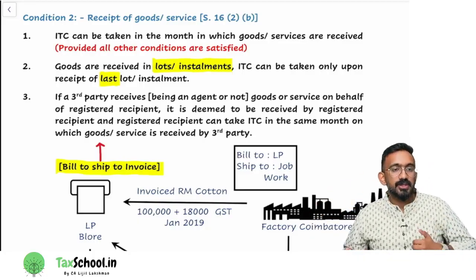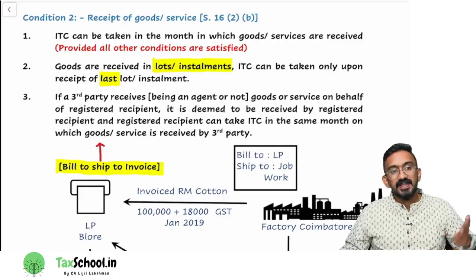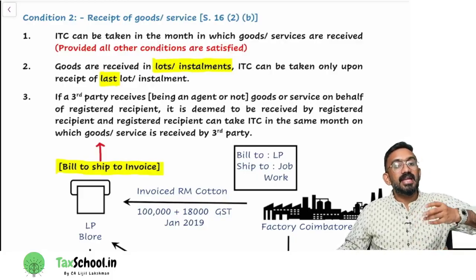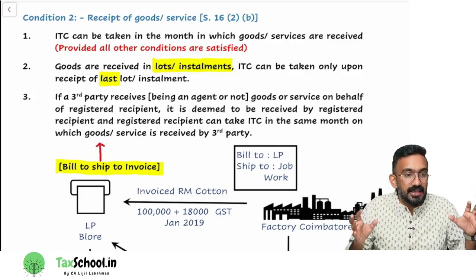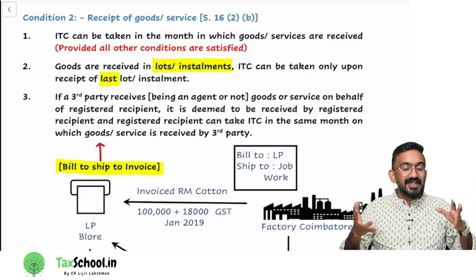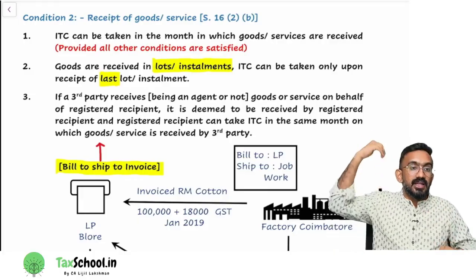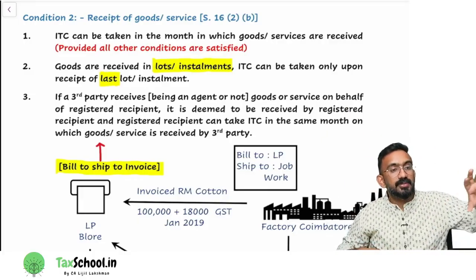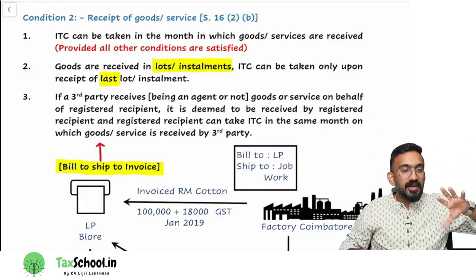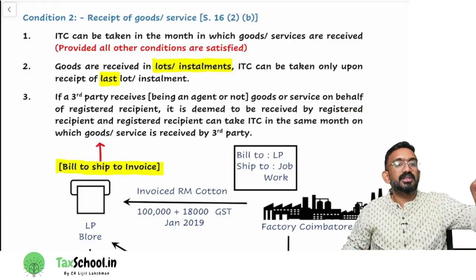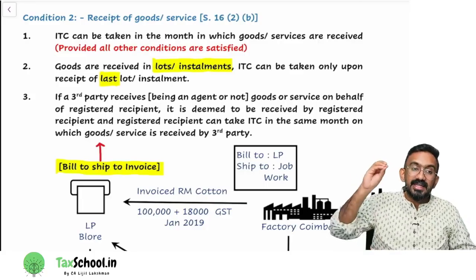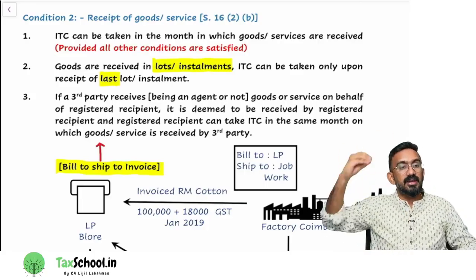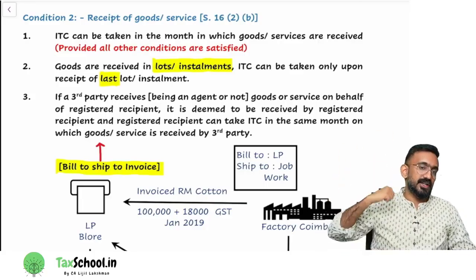The first came in Jan, second in Feb, third in March, and fourth in April. Can I take proportionate credit each month to the extent of goods I received in the invoice? Can I take 25% in January, 25% in February, 25% in March, 25% in April? Not possible. You can take the entire credit only in April when you receive the last lot of items.